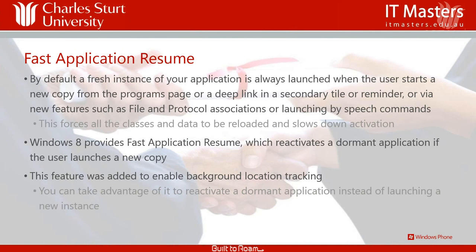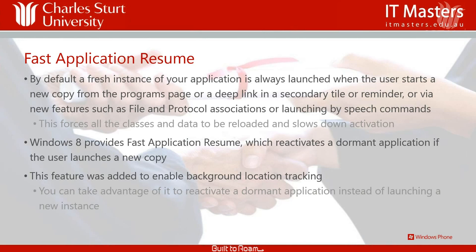Okay, I touched on fast application resume early on. Essentially, this is a mechanism whereby the Windows Phone can reuse the currently running instance of your application. So prior to Windows Phone 8, if your application was running and the user navigated away, your application gets suspended, still in memory. Now the user goes back to the start screen and they might hit a secondary live tile for your application.